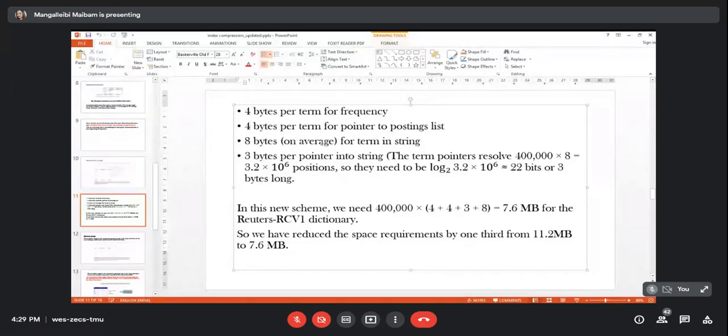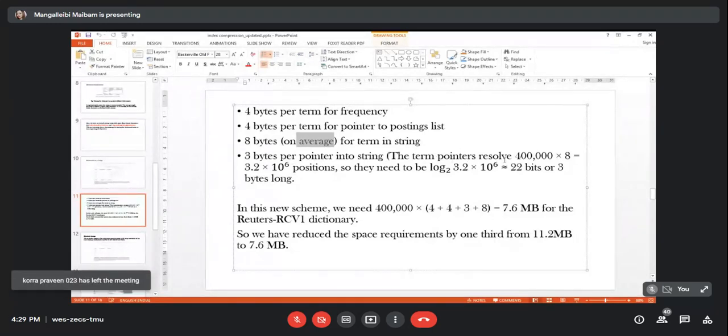We are using only the average length of the term, that is 8 bytes. As I told you, in English the average length of a word is 8 characters. So 8 bytes. Now 3 bytes per pointer into string.